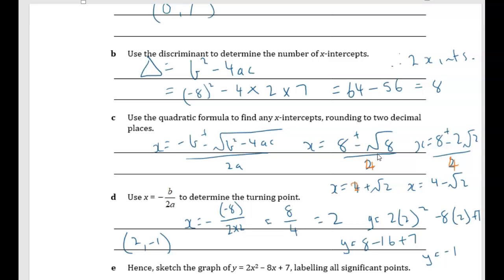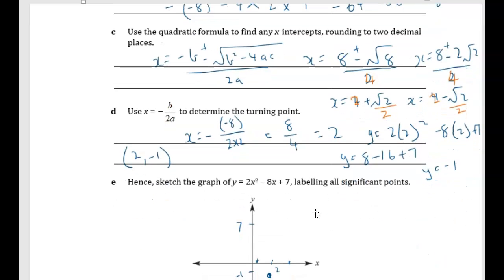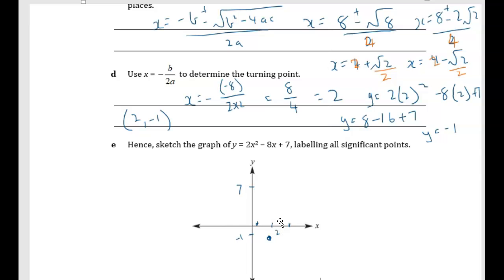Let me just check. So 4 goes into 8 twice, and then we've got 2 root 2 over 4. So that's still going to be over 2. So that's going to be 2 over 2. Yeah, so now that's right.